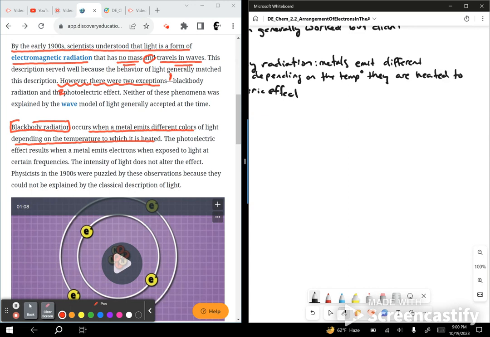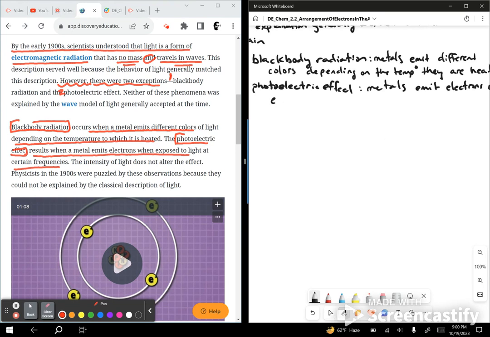Okay. And then the second one, the photoelectric effect, results when a metal emits electrons when exposed to light at certain frequencies. Certain frequencies.